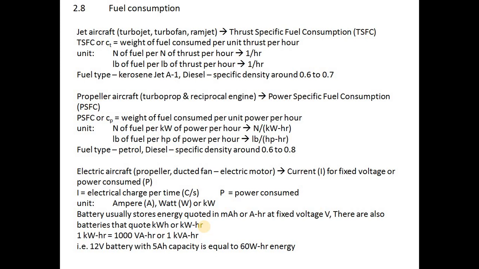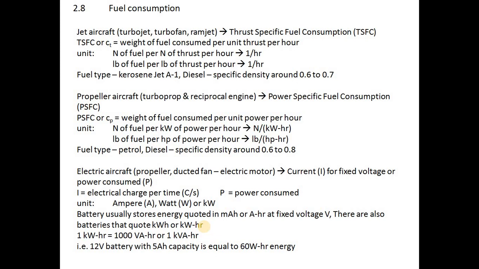So another way of quoting battery capacity is in kilowatt hour. But that is usually used for larger application. For example, big aircraft with hybrid propulsion system, they use kilowatt hour.